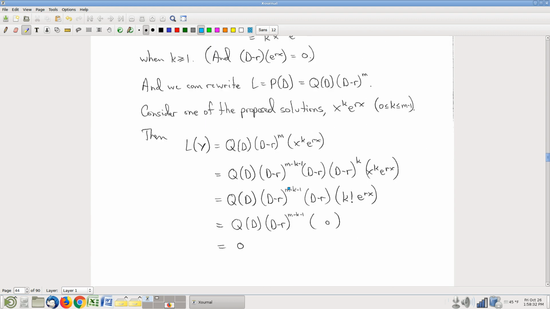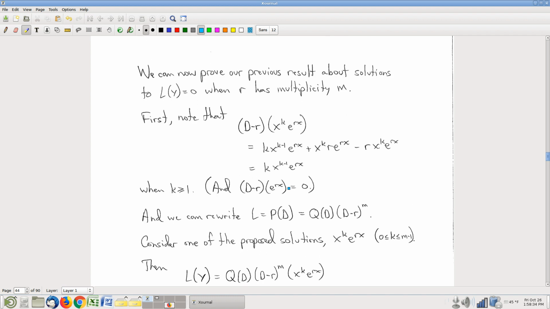So, here's where this goes. We go back to the page before. And remember, we have this rule that we figured out as to what D minus r does. D minus r, whenever you have a power of x times an exponential, with the r's matching up, D minus r is going to take that exponent and reduce it by 1. And then, yeah, there's going to be a constant out front.